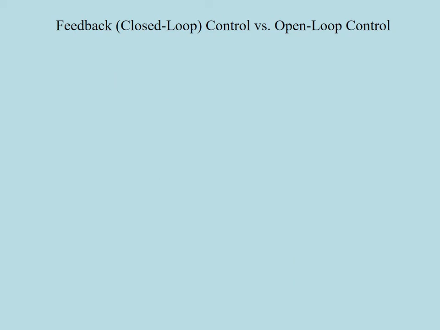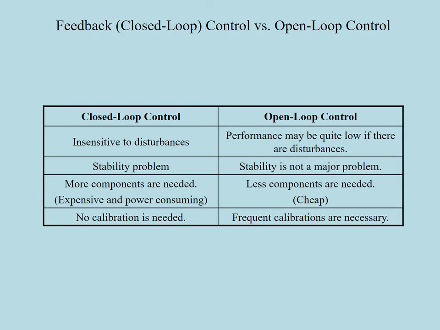To conclude this part, we are going to compare feedback control and open-loop control from different points of view. The sensitivity of a system under closed-loop control to disturbances is less than that of an open-loop controlled system. Since the output is measured during the operation, closed-loop control can take care of adverse effects of the disturbances better.